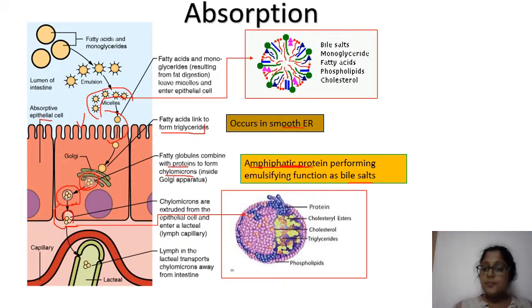It is mainly composed of protein, cholesterol esters, cholesterol, triglycerides, and phospholipids, and they move directly into the lymph capillary. Lymph in the lacteal transports this chylomicron away from the intestine.